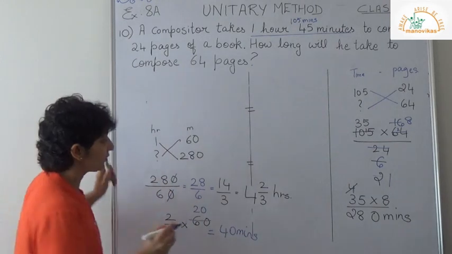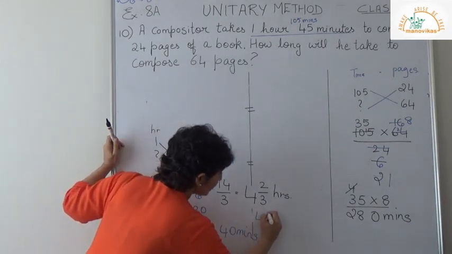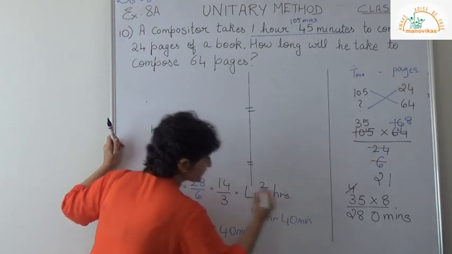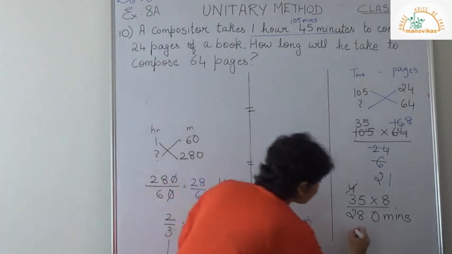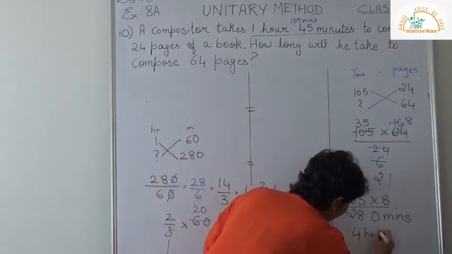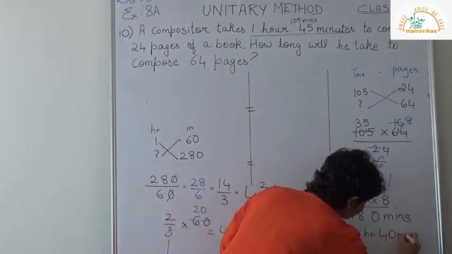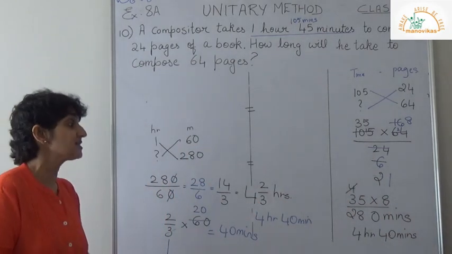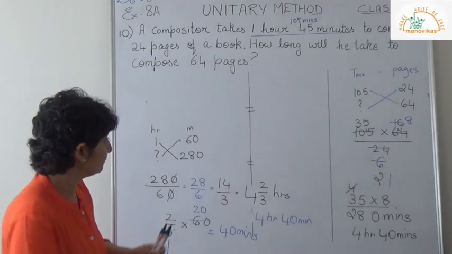So 2/3 of your hour means 4 hours 40 minutes. So let me write this here. 4 hours 40 minutes. So 280 minutes means 4 hours 40 minutes.